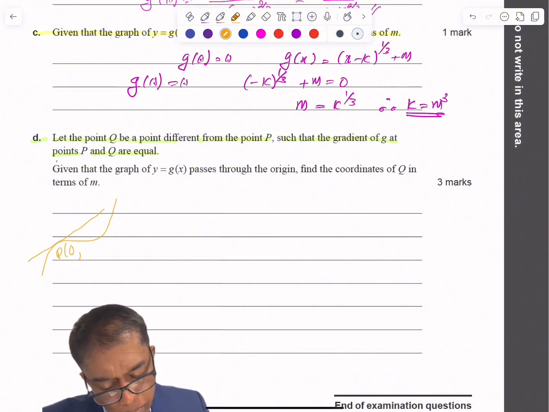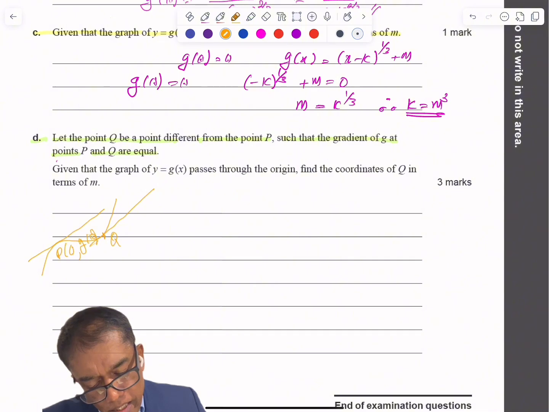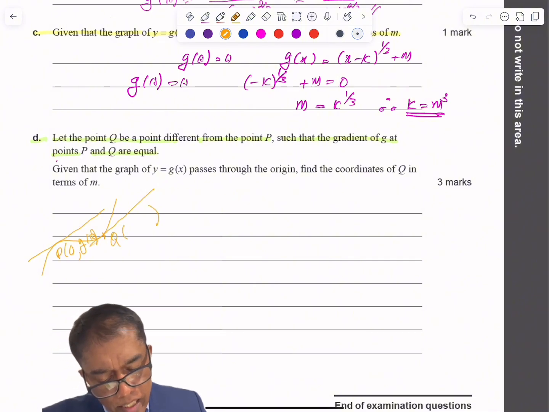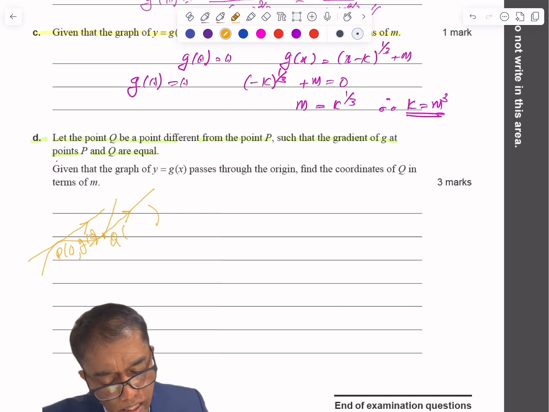Q is another point. We don't know what the coordinates are, but the gradients at P and Q are the same. That means g dash of x should be equal to g dash of 0.